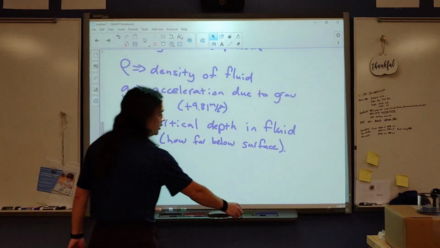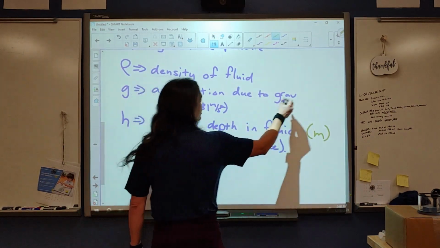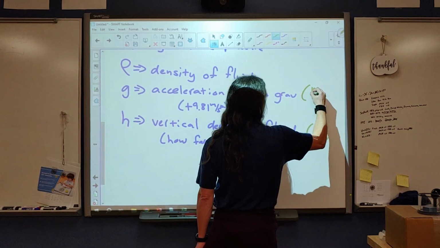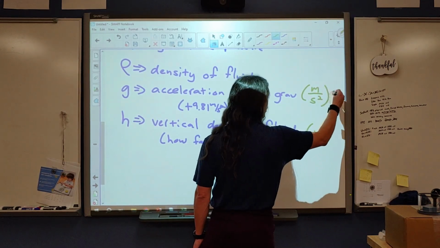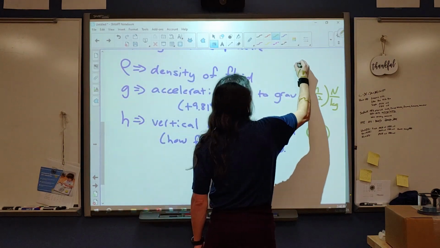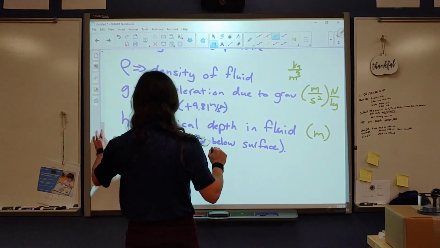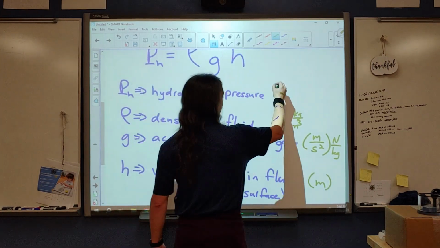However, we've got these here, so I'm going to fill in some units. Depth will be in meters. The acceleration due to gravity would be in meters per second squared, or Newton per kilogram, might be another way of doing it. And then our density is going to be kilogram per cubic meter. When we multiply all of those out, I'm going to go ahead and do that here.